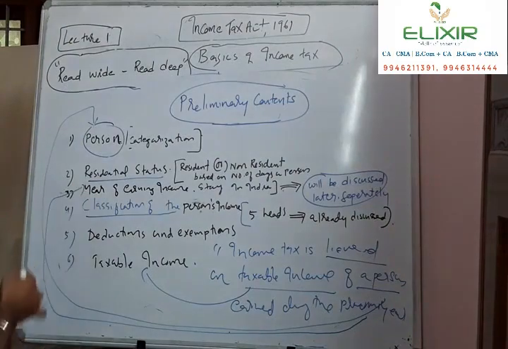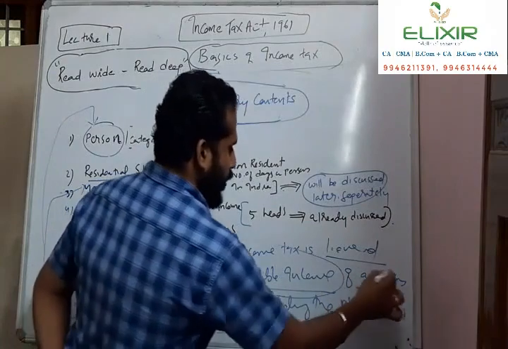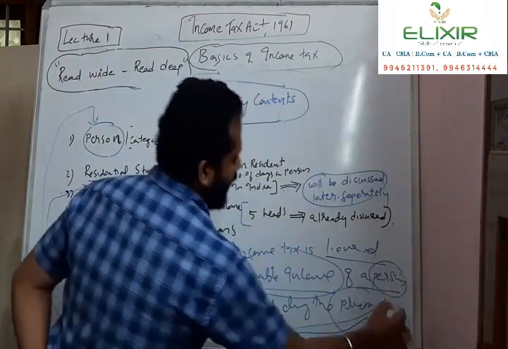That is the year of earning income. See, there are 3 points: taxable income, person, previous year.